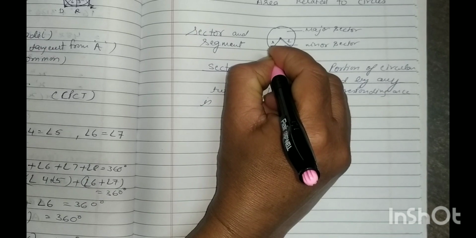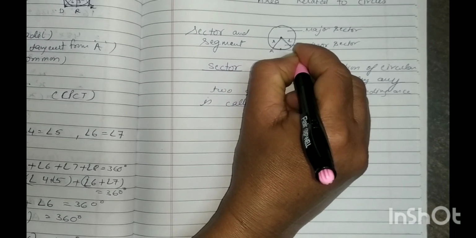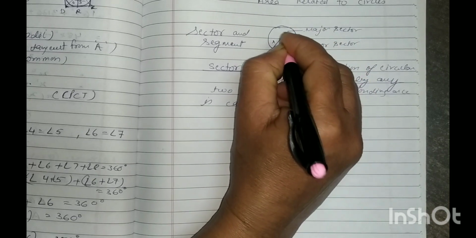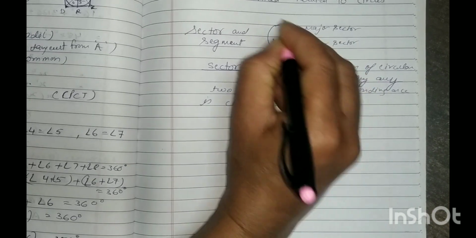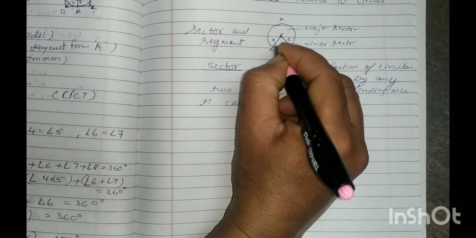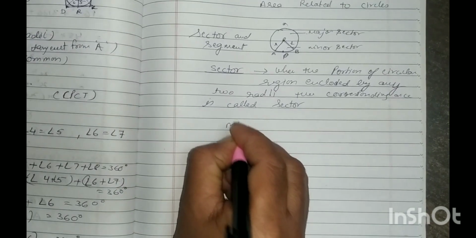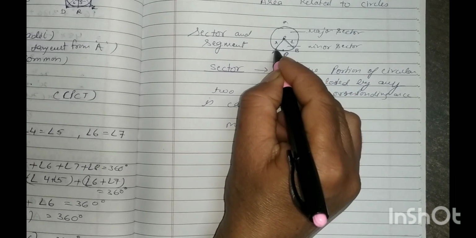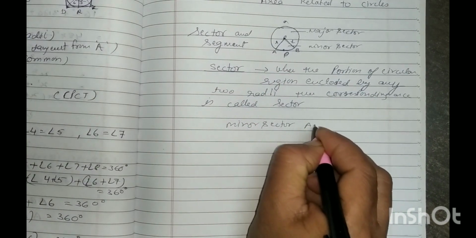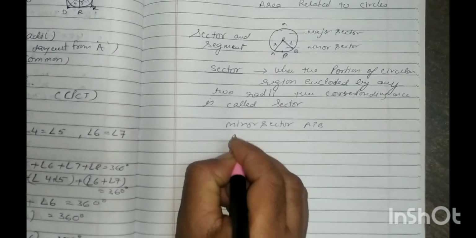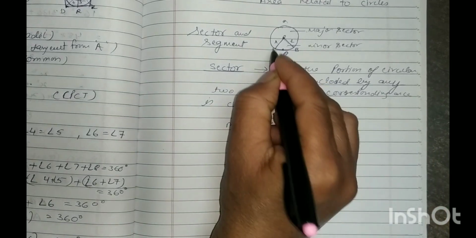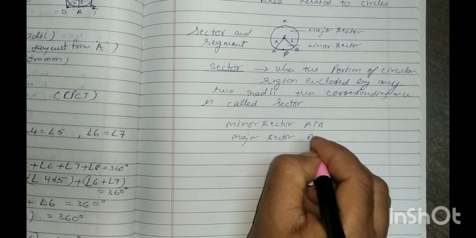We can take names: O, this is P and that is Q. So minor sector is APB and major sector is AQB.